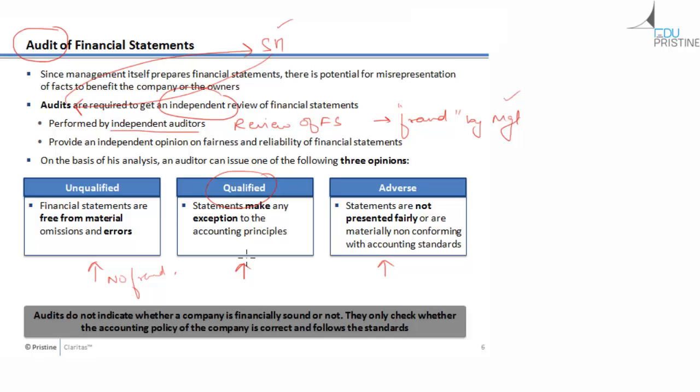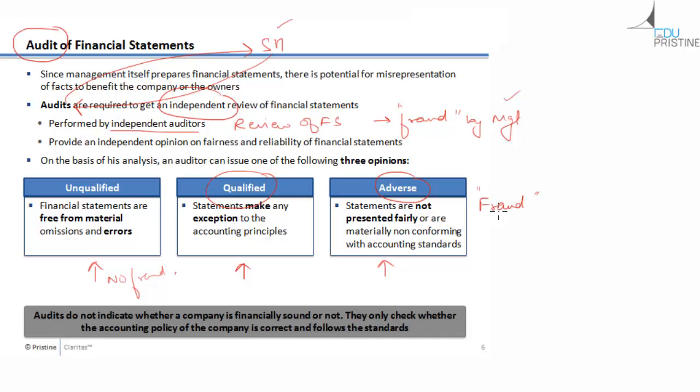So the point here is that the amount may be different, but the overall message communicated by this $100 million or $105 million doesn't change much. So the auditor says that, Mr. Shareholder, accept these 2-3 points on which I have a point of difference with the management. Everything is okay.